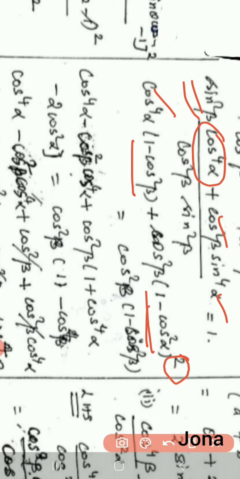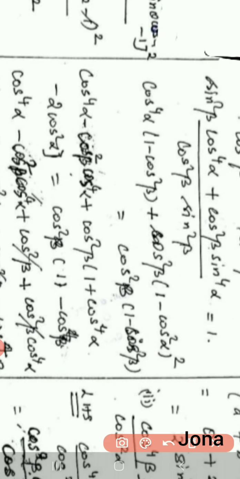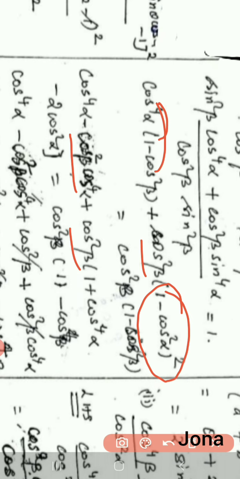Okay, and then in the cross multiplication is here, and then I want to remove the brackets, so just multiply here 1 into this much, so cos power 4 alpha minus, and these two cos power 4 alpha into cos square beta plus keep this as it is here, and then this can be written as the algebraic identity a minus b the whole square.